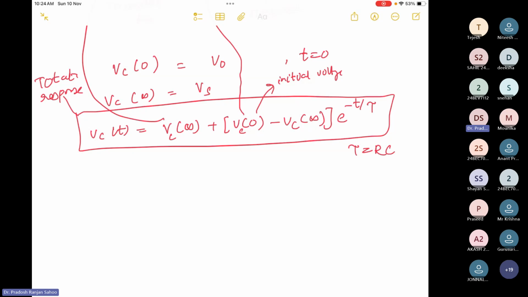Please write it down in your class note. I will solve some numericals from this.